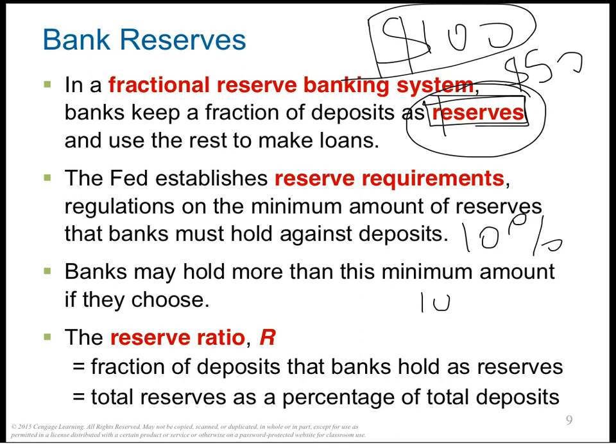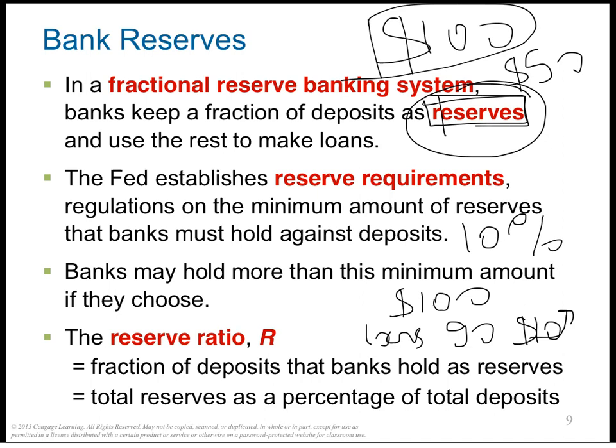For every $100 that is deposited to the bank, the bank can loan $90 out, and needs to keep $10 in reserves. Okay, $10 in reserves, $90 as loans. So as you see, the 10% reserve requirement is established by the Fed. That is the minimum amount of reserves.